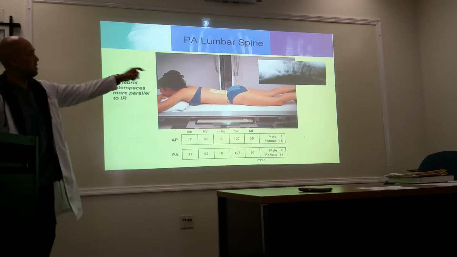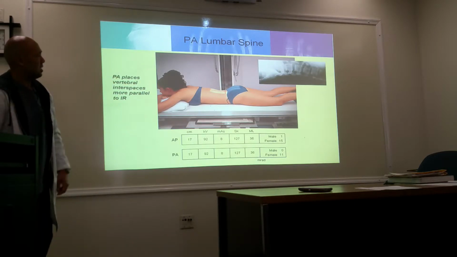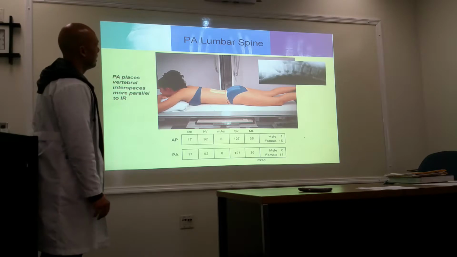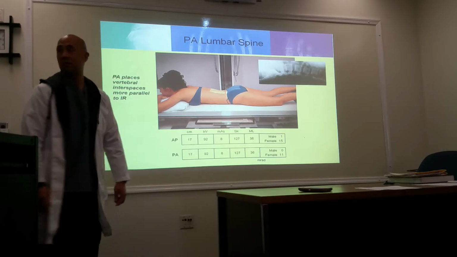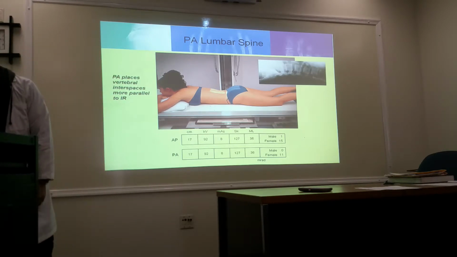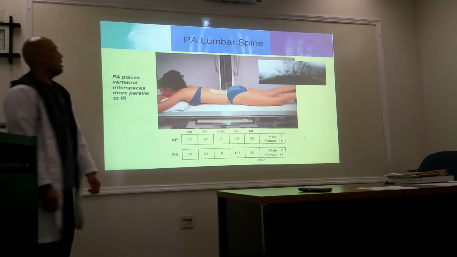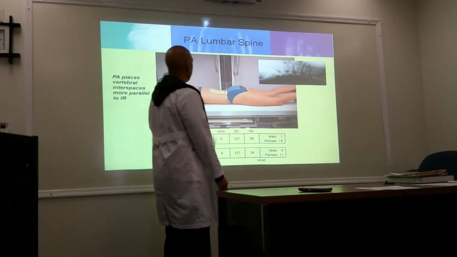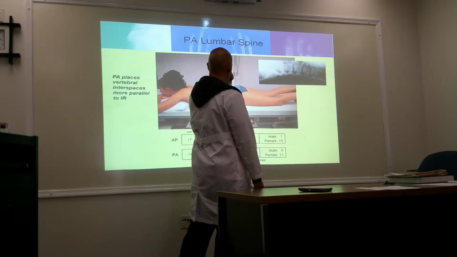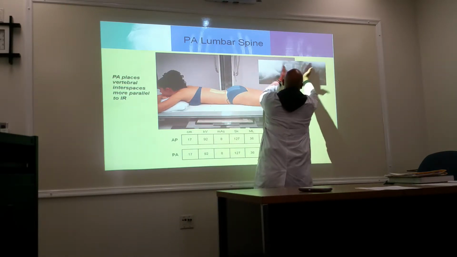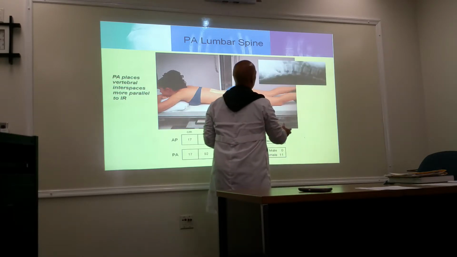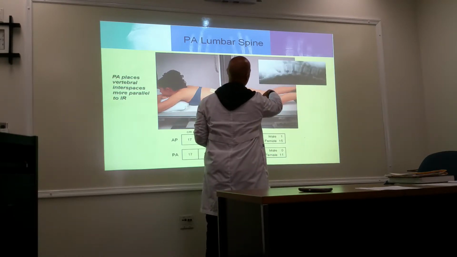Do you have a picture of that? The image is also upside down. I think what they were trying to show was the divergence of the beam, to open the space more. But this is AP, not PA.